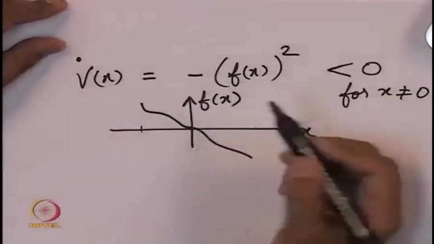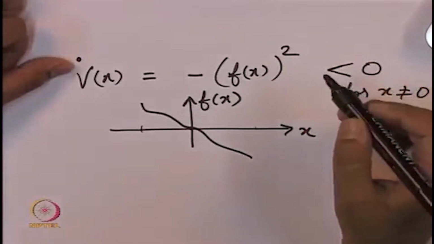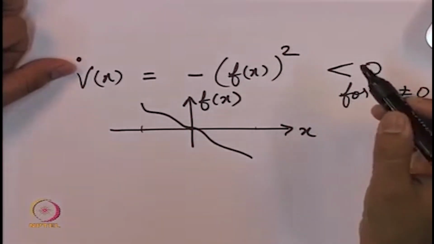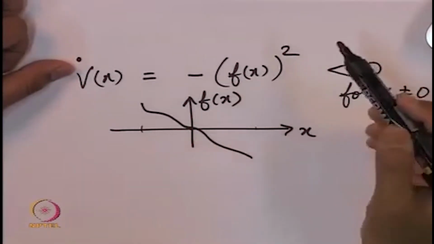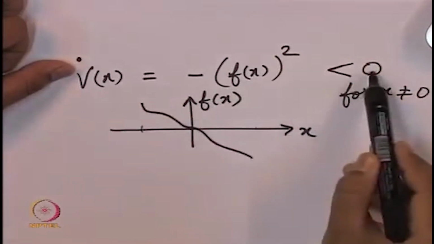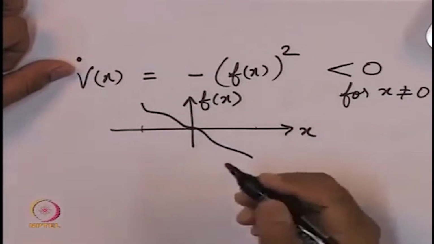So here is a function v which is obtained as the integral of another function, hence it is automatically continuously differentiable also, and it is positive, we already saw. Its rate of change is negative, and this proves that this particular equilibrium point is asymptotically stable.